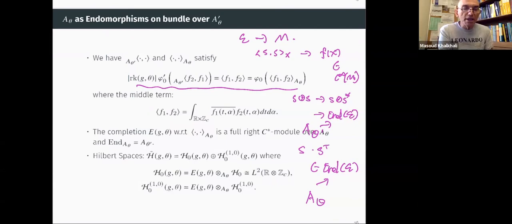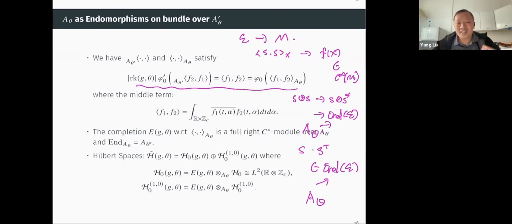Yeah, that's also related to the Poisson summation formula. Yes. So the proof is to use this associativity condition plus the Poisson summation formula, so that you can derive this property, which links the three inner products together. Yes.